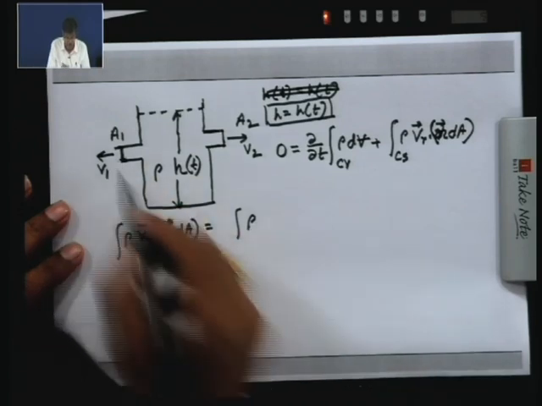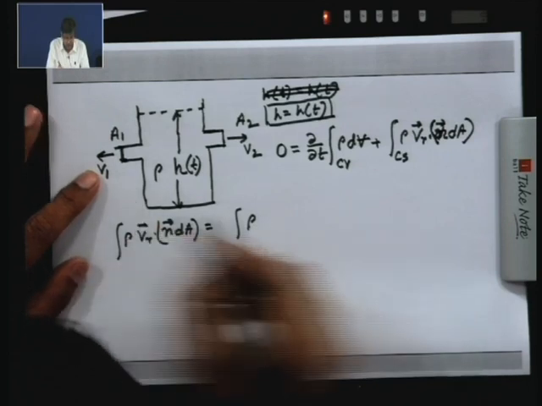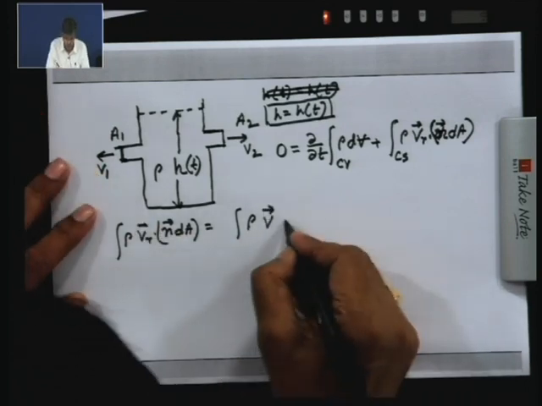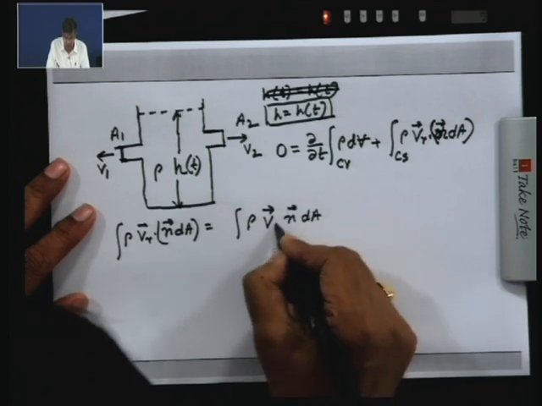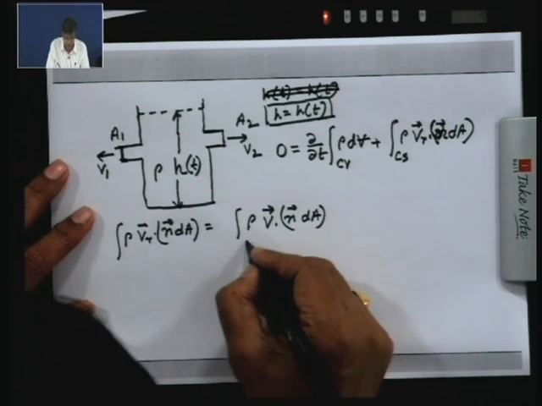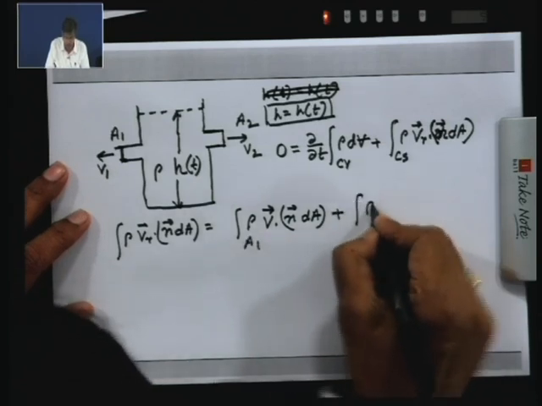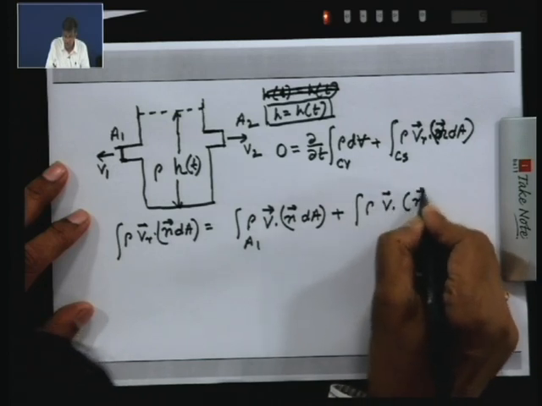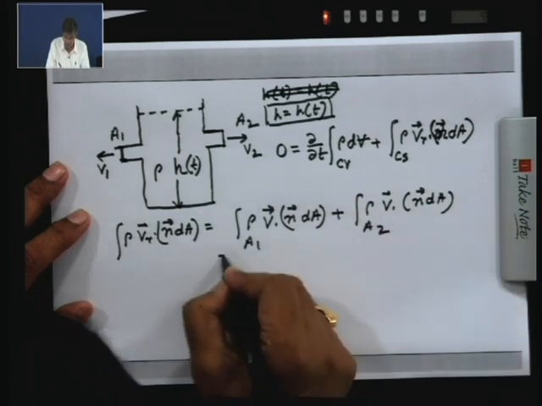Let us consider the surface A1: rho V dot n dA for surface A1, plus rho V dot n dA for surface A2. Now, what is V?